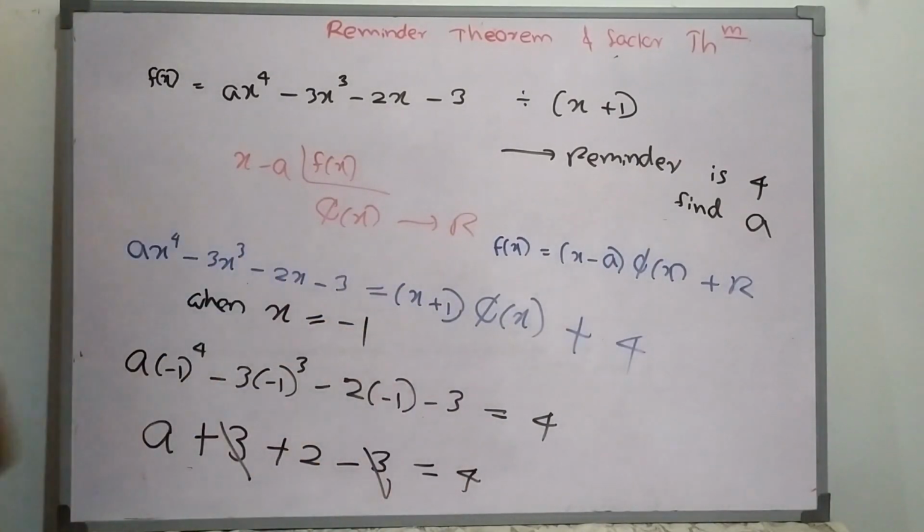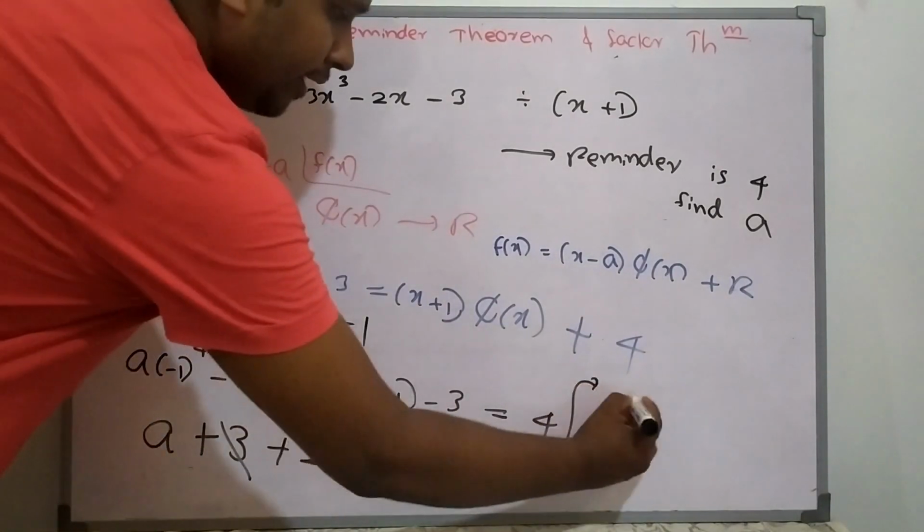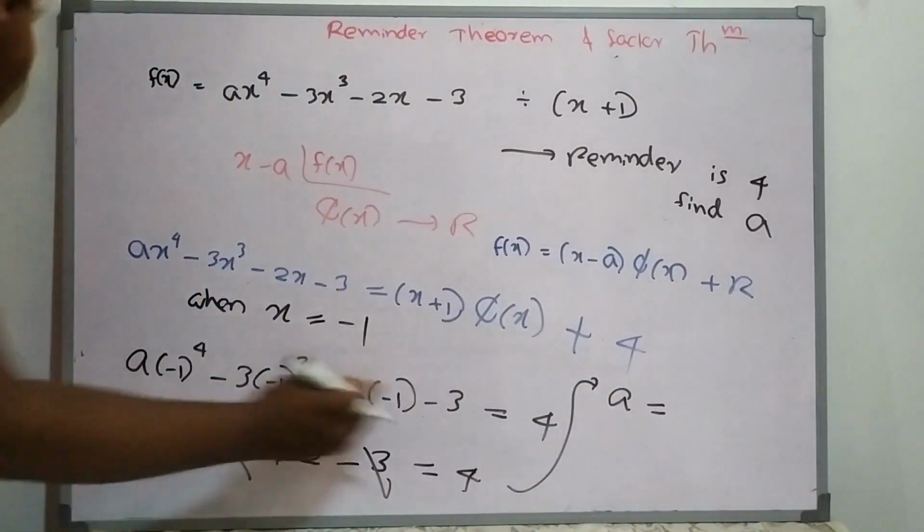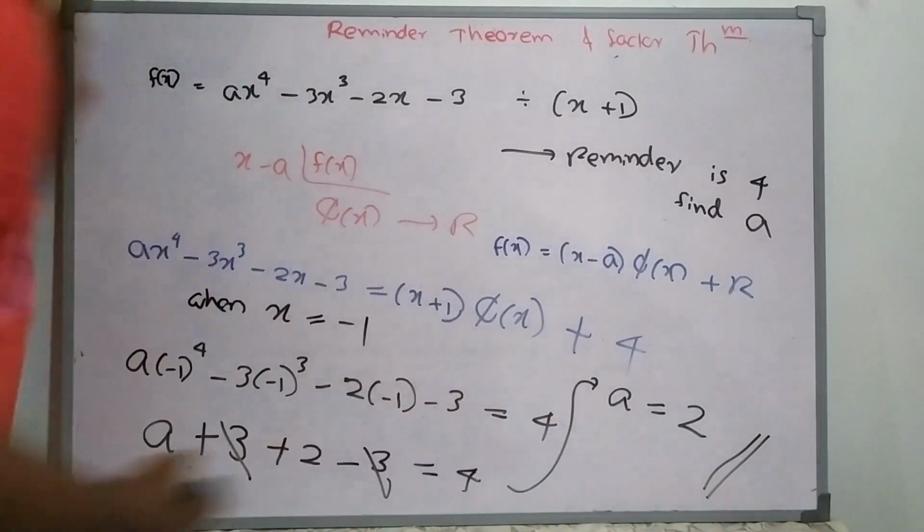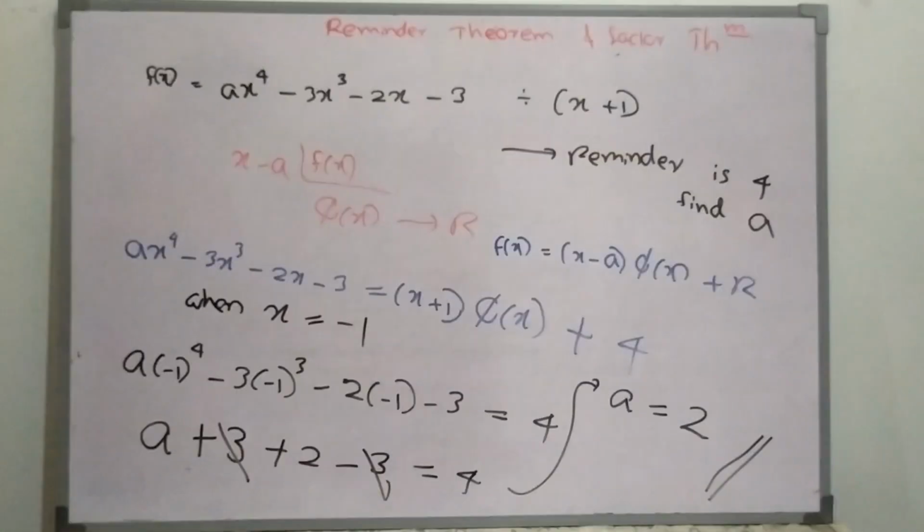Plus 2 goes to the other side, then a will be 2. So this is the answer we are expecting. You can see in the previous example we divided using long division, but now we are not using long division. We just put in the remainder theorem directly to find a.